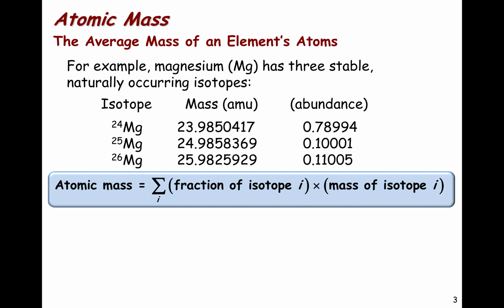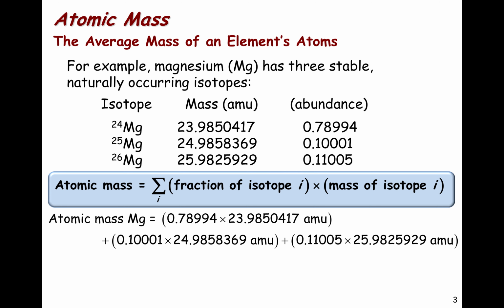So, to determine the atomic mass, what we have to do is to sum together the multiplication between the fraction of the abundance for a particular isotope and the mass of that particular isotope. And in this case, in the table, we know the mass in terms of AMUs for each of the isotopes with quite a large number of significant digits. So we're going to take those into account.